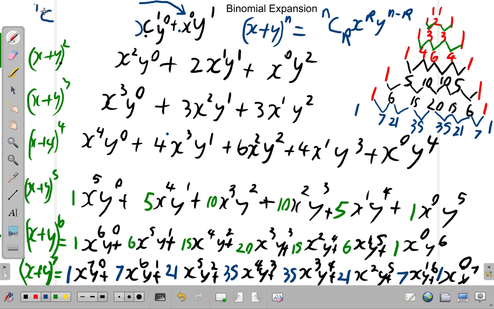You do have 1, the power is 1, but when you consider the r and the n, the r will be 0. You will have x raised to the power of r, which is 0.